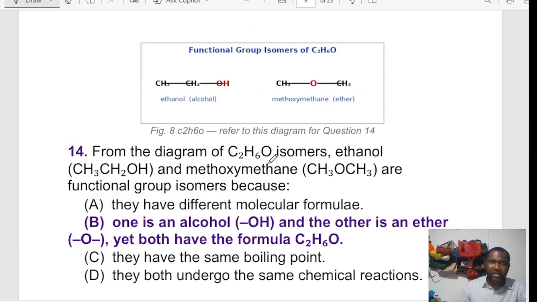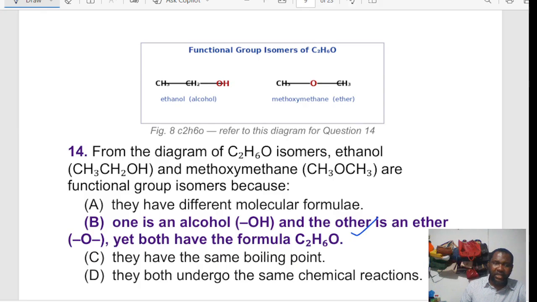That leads us to the next question. From the diagram of C2H6O isomers, ethanol and methoxymethane are functional group isomers because: A says they have different molecular formula. No, isomers have the same molecular formula. B says one is an alcohol and the other is an ether, yet both have the formula C2H6O. That's the correct answer.